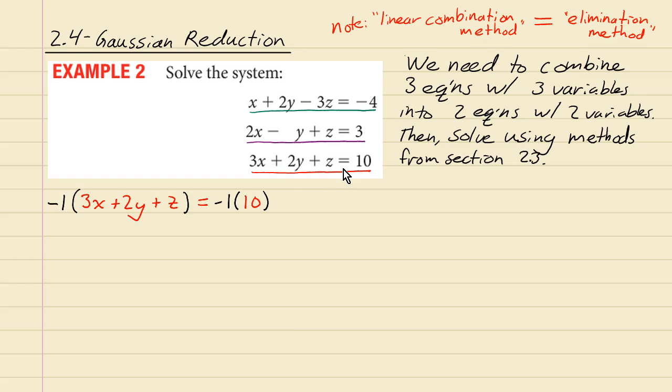Remember, whenever you multiply both sides of an equation by anything, you need to distribute it. So that gives you -3x minus 2y minus z equals -10. And then I'm just going to write the purple one under it again here, so we can see how they'll line up.